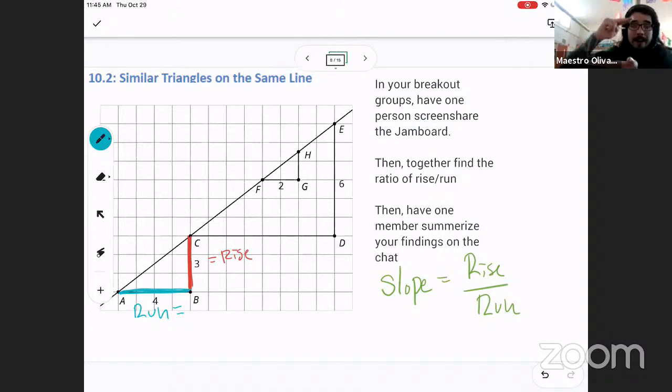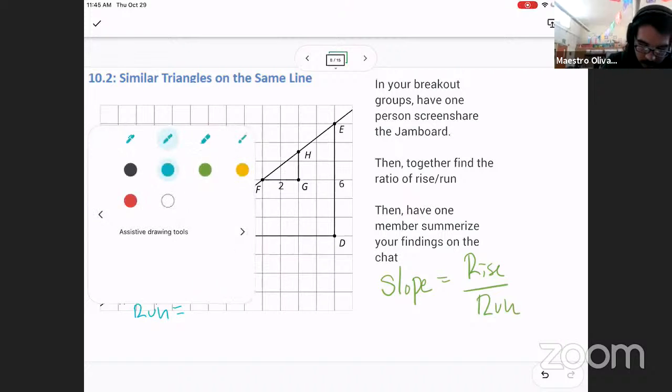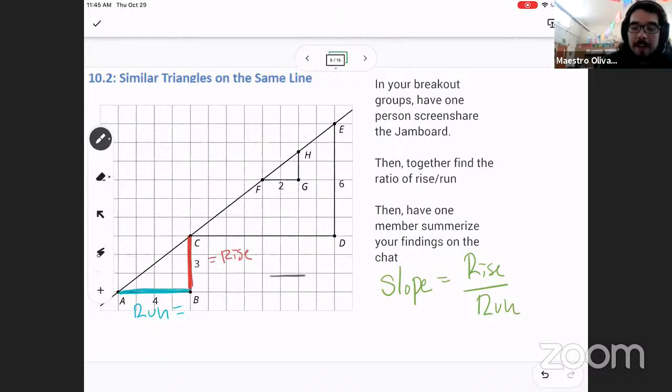You don't run arriba, right? Eso no es posible todavía. We run horizontally. So what's the fraction here? Can somebody tell me what the fraction is? What's going to be the rise over run? So if I were to write the fraction with the rise and the run, ¿qué sería?